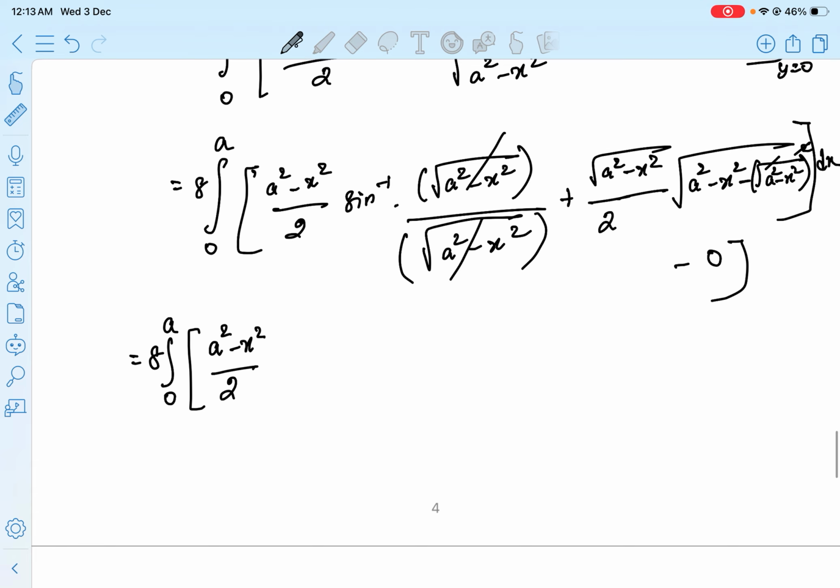Our sine inverse of 1, there both are cancelled. So what is sine inverse of 1? Pi by 2. Okay, so our sine inverse of 1 is pi by 2.